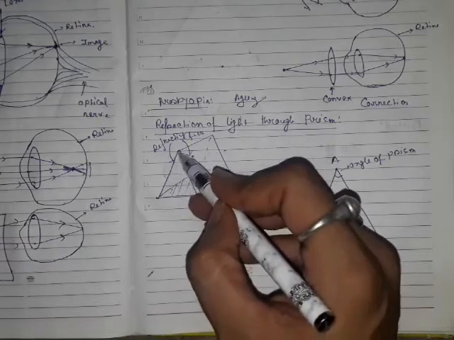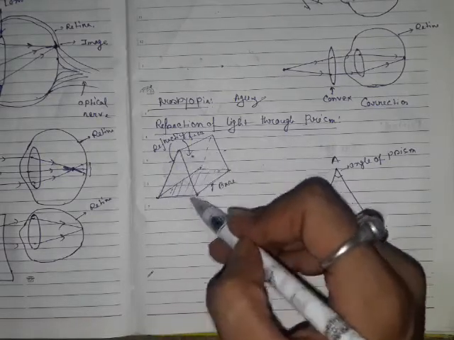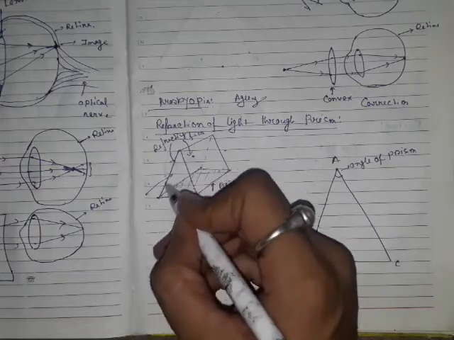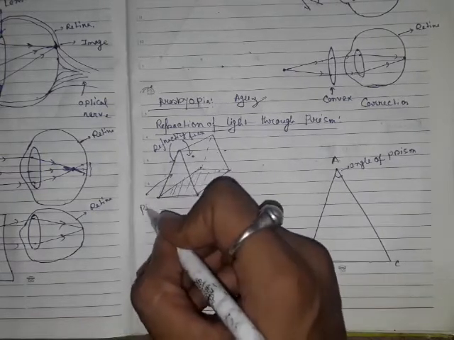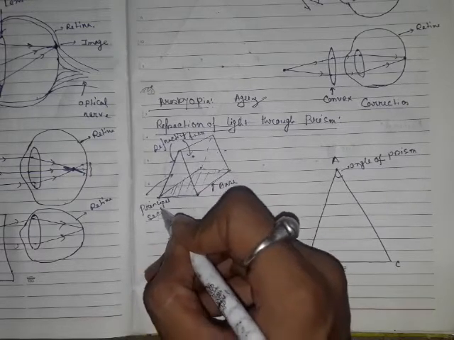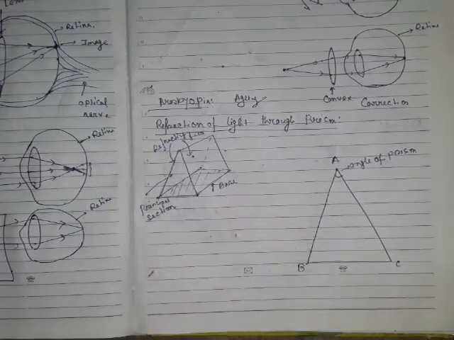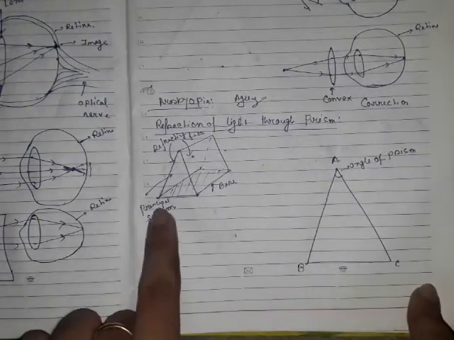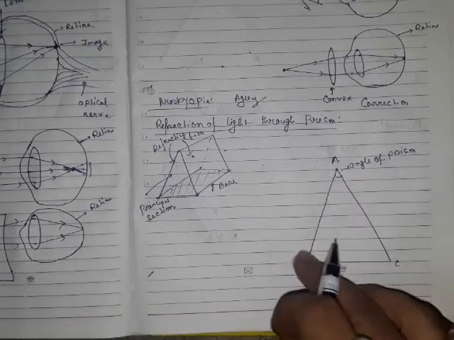And this triangular face is called the principal section.